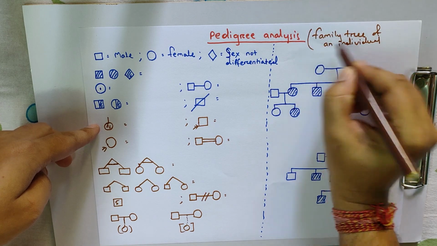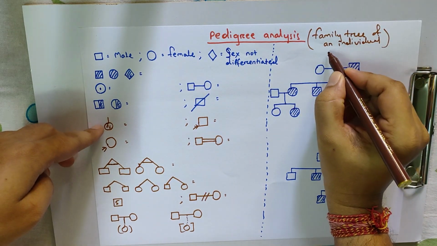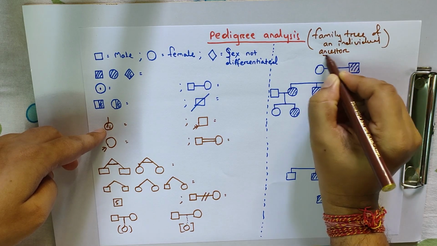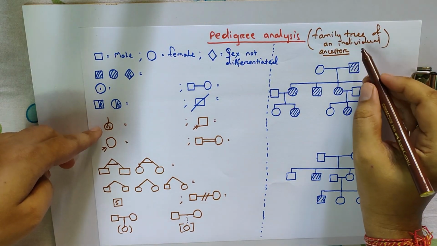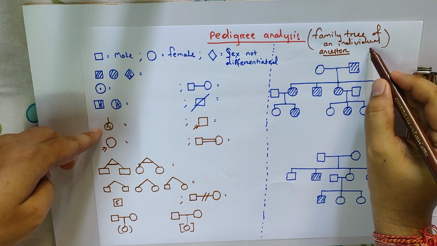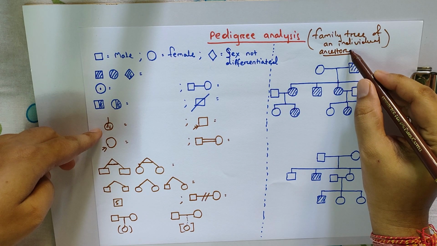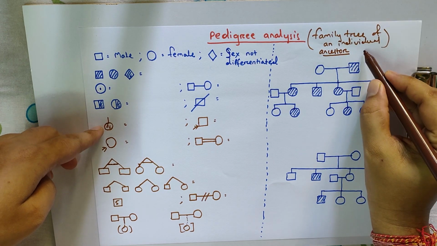That means it determines the ancestors of that individual. Through this analysis, the defects or disorders of their ancestors are represented.